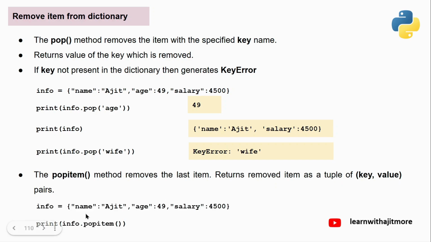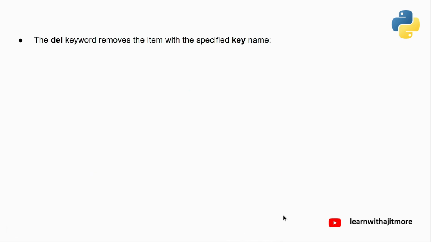Suppose this is your dictionary and you are writing info.popitem. Which item will be deleted? Salary 4500. This will be removed and it will return that removed item as a tuple, salary comma 4500.